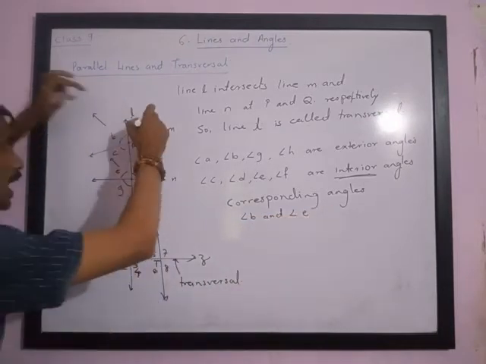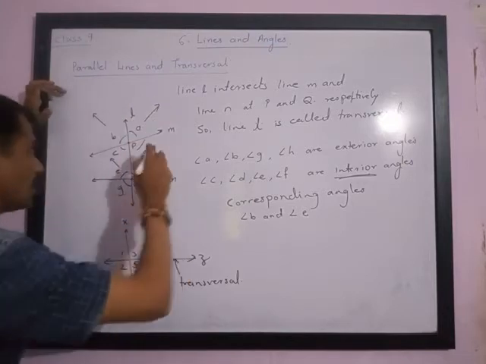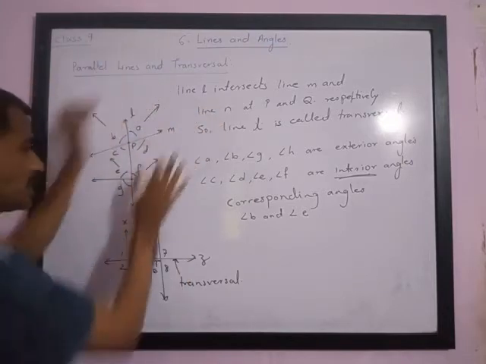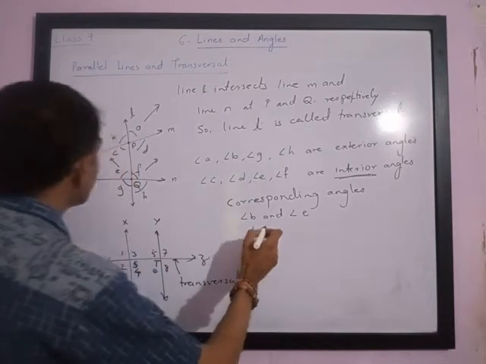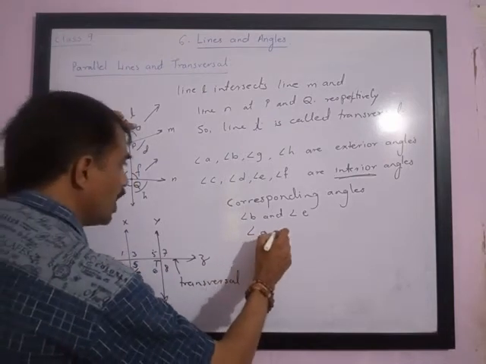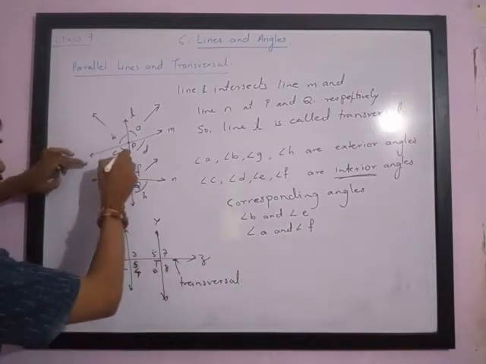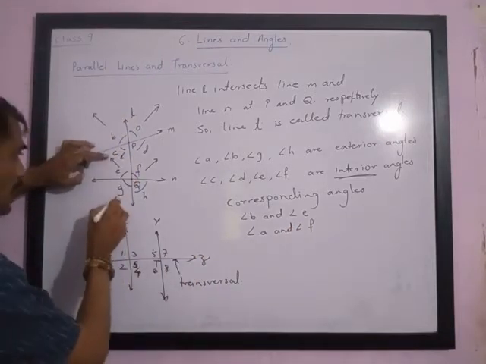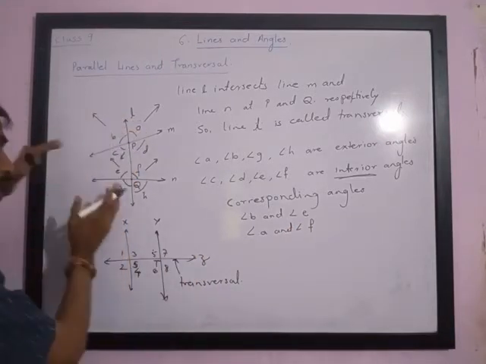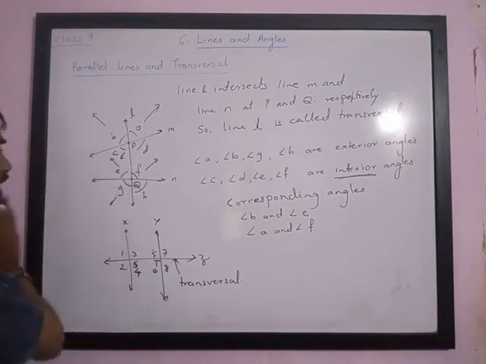Then angle A and angle F, try to understand this, they are in the same direction. Then on this side you can see this angle C and G, both are downside and going to the left side of the board.